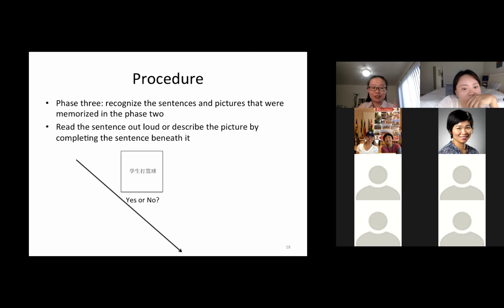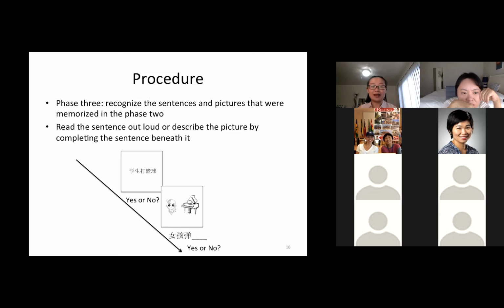So first they see this sentence, and before they make the judgment whether they have seen this sentence before, they have to read the sentence out loud. Then after that, they make the judgment whether they have seen this sentence in phase 2.